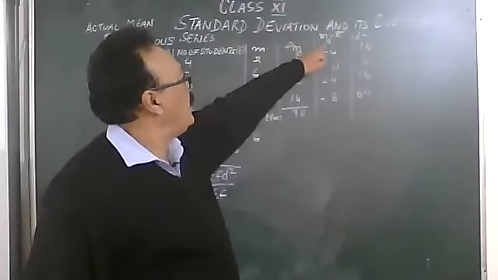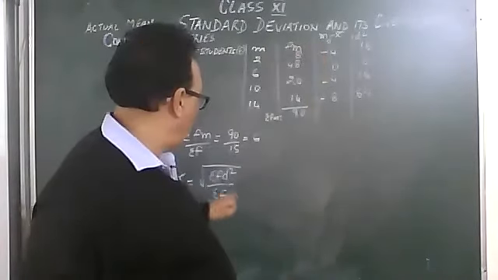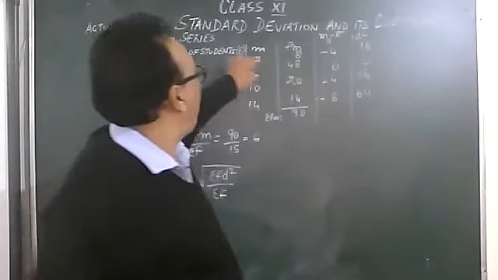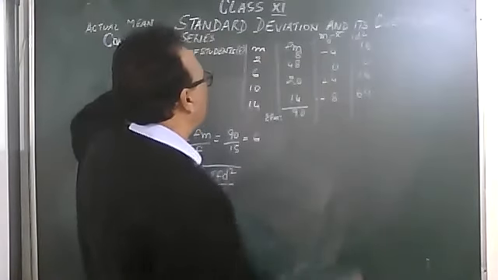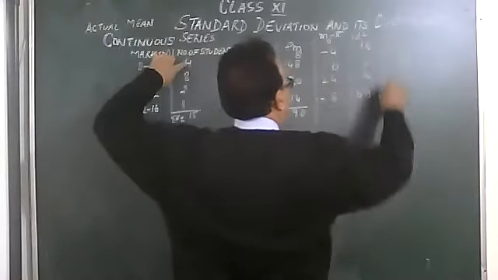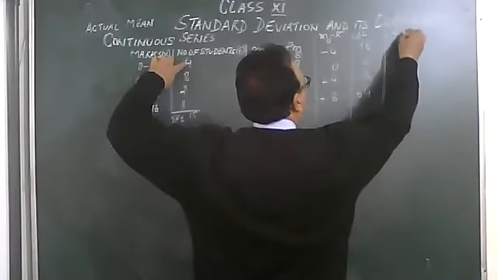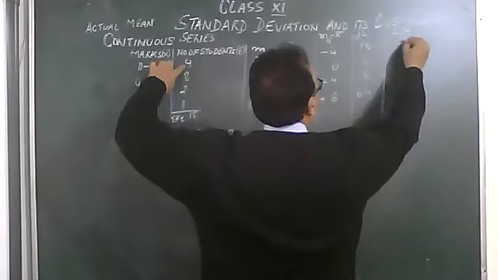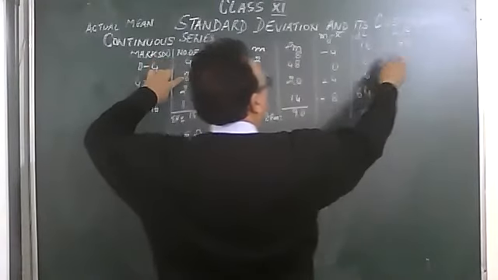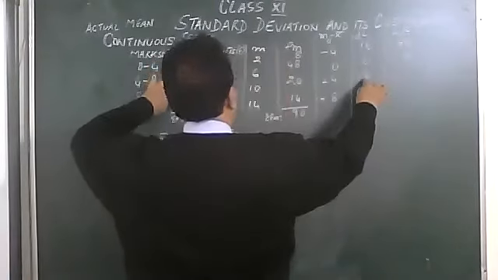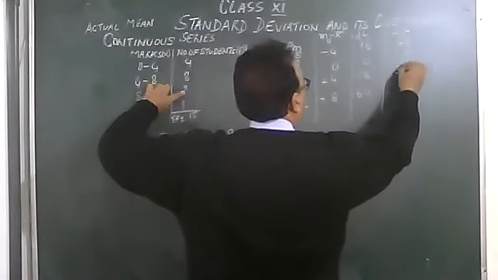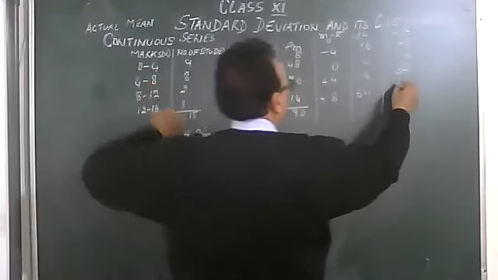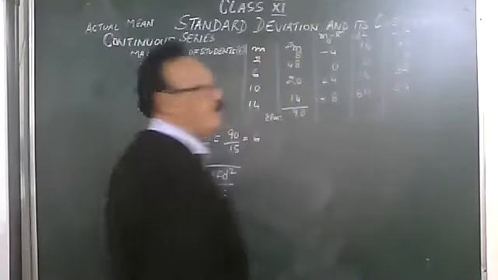Here we are taking d as a deviation, so here we are getting d squared. So now f, that is this value, is multiplied with d squared to get f d squared. 16 fours are 64, 8 zeros are 0, 2 sixteens are 32, 1 sixty-four is 64.